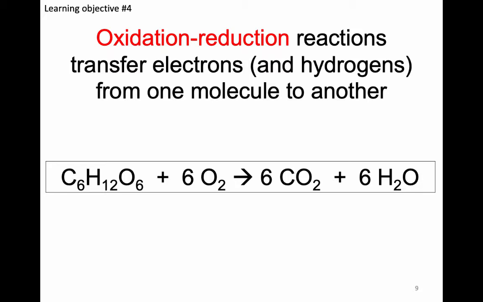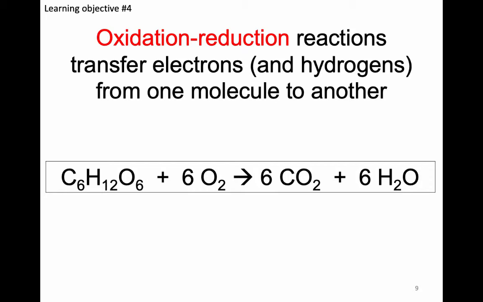So here's another example of a redox reaction, and this is the redox reaction that we're focusing on in Chapter 8. Shown in this reaction are C6H12O6, which is the chemical formula for glucose, reacting with 6 molecules of oxygen to form 6 molecules of carbon dioxide and 6 molecules of water. This is a redox reaction because in this reaction, the glucose is being oxidized to carbon dioxide and the oxygen is being reduced to water.